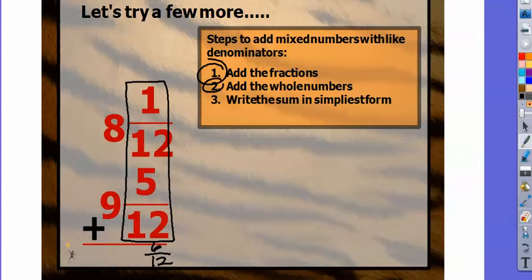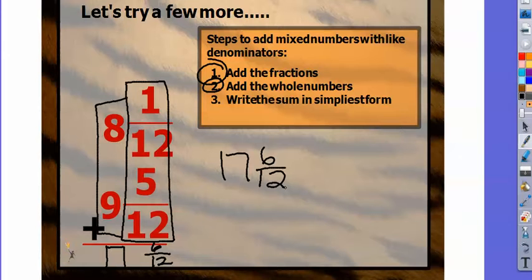Okay, step 2. Add the whole numbers. So here are my whole numbers. We've got 8 and 9, that's going to equal 17. So now I've got 17 and 6/12. So far, so good. Now what's the last one? Write the sum in its simplest form. Now, in simplest form, I'm noticing that for 6/12, they're both even numbers, so I know automatically they've got the factor of 2 in common.